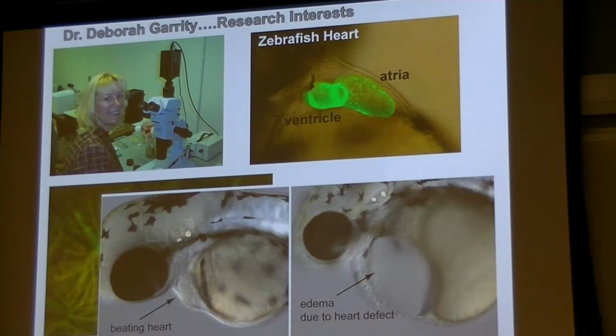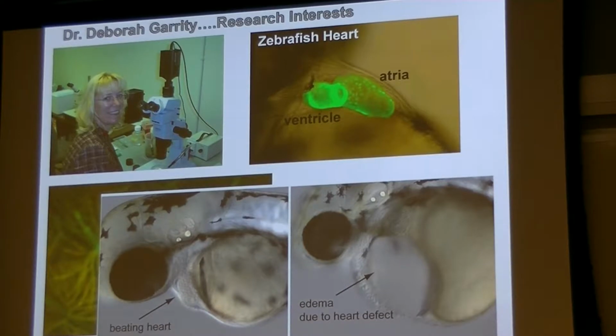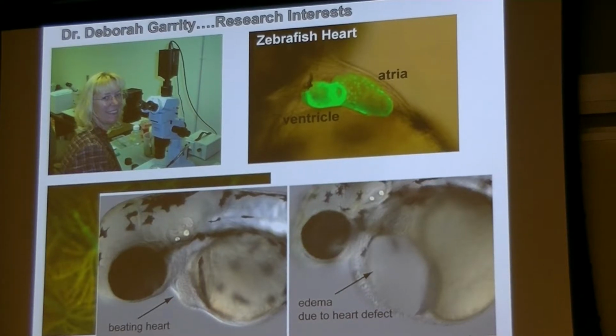One of the nice things about zebrafish is they're transparent, so you can watch their hearts in the live embryo and see how they're contracting from the very earliest stages. So just when this tube gets constructed and starts beating, from the very first heartbeat, you can see this in the live embryo without any dissection.